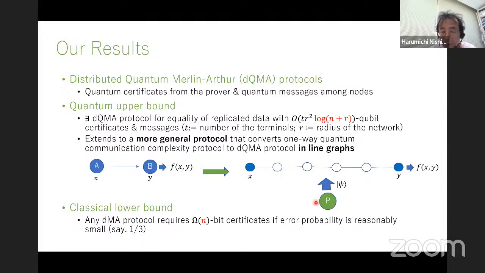If a function has an efficient protocol in one-way communication complexity, then we have an efficient DQMA protocol for this function also. But this conversion works only for the line graph case.